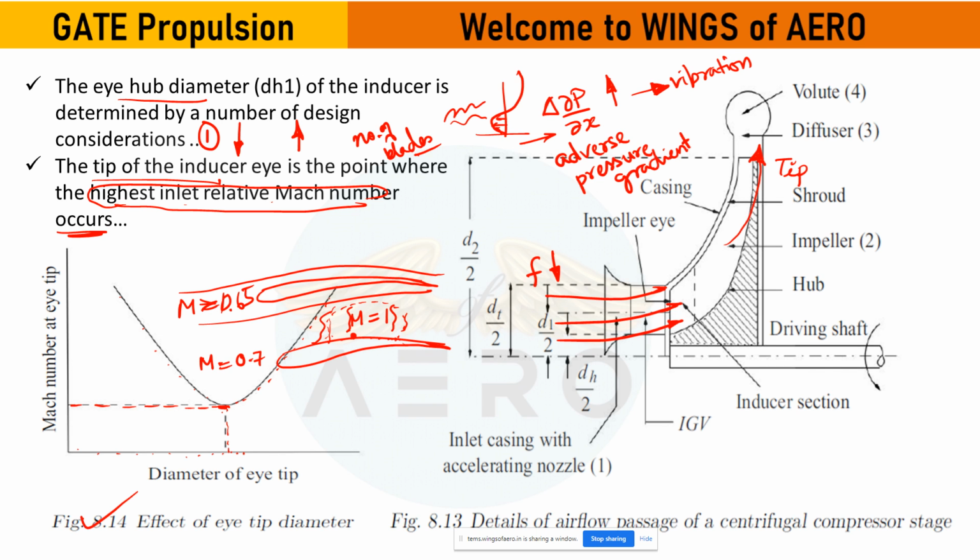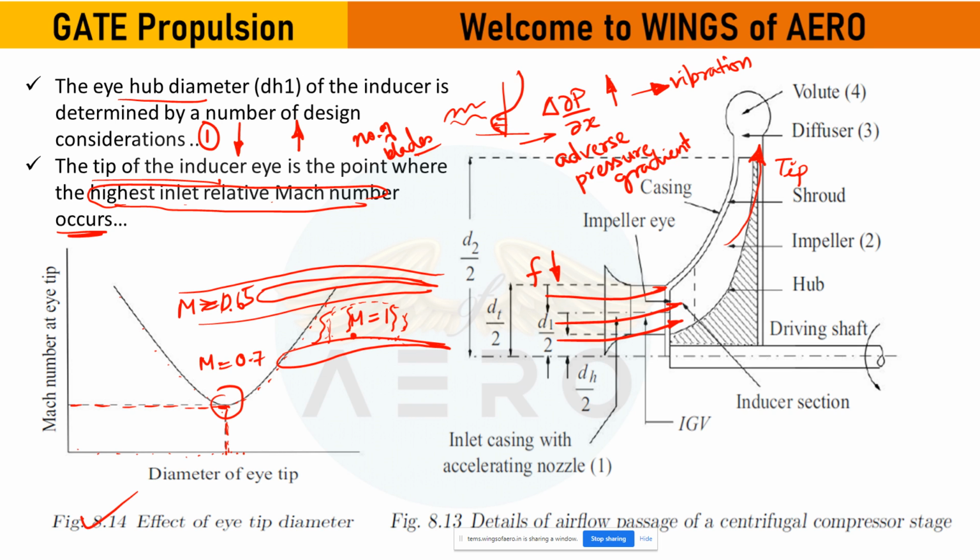What the researchers do is they take various blade models, different cross sections, changing the thickness and so on. They check this pattern, increasing the diameter of the eye tip against the relative Mach number over the blade.